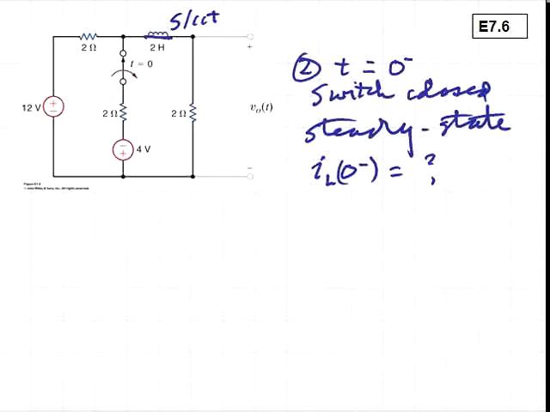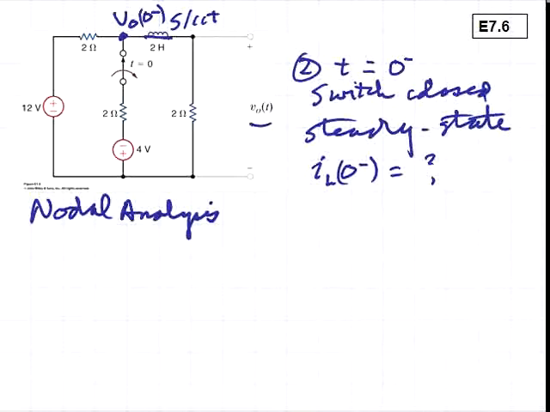Perhaps the indirect way to solve for this would be to do a nodal analysis, and consider the node voltage VO at 0 minus appearing at the top of the circuit. That happens to be the same as the desired voltage that we're looking for at this instant.